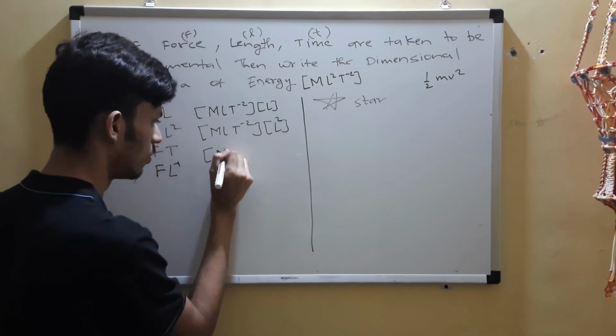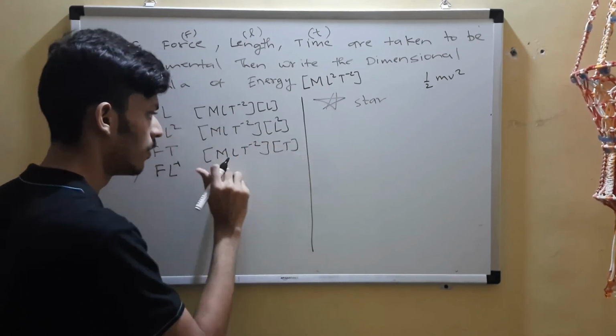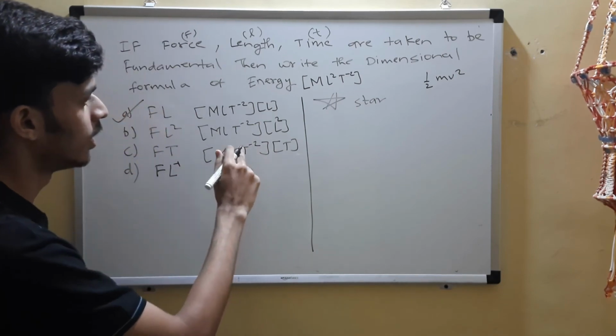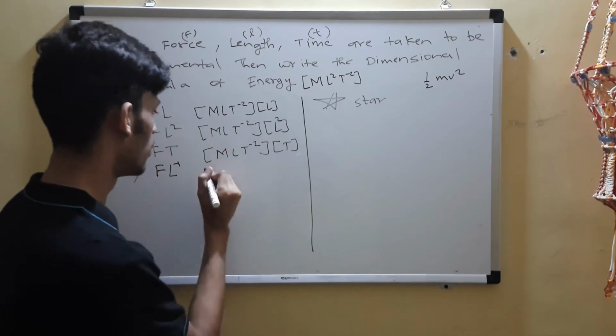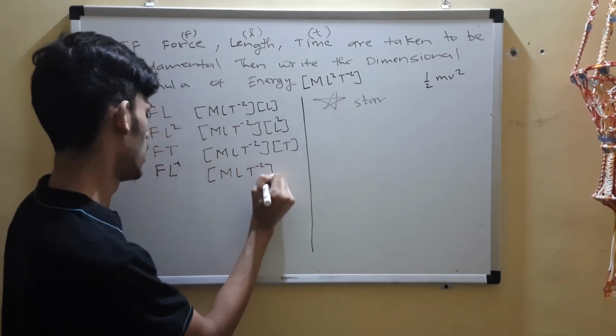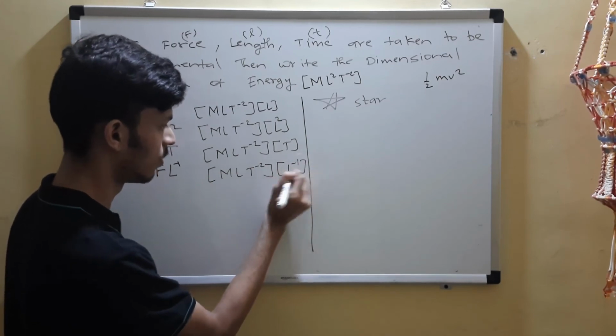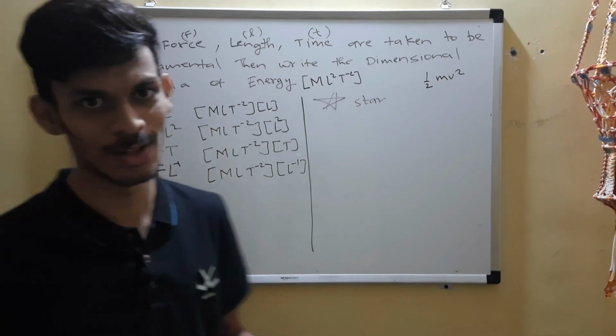Here also you can see M L^-2 and T^-1, so that also does not match. Now for this one, M L T^-2 L^-1, both of these will cancel, but we want L squared, so that does not match as well.